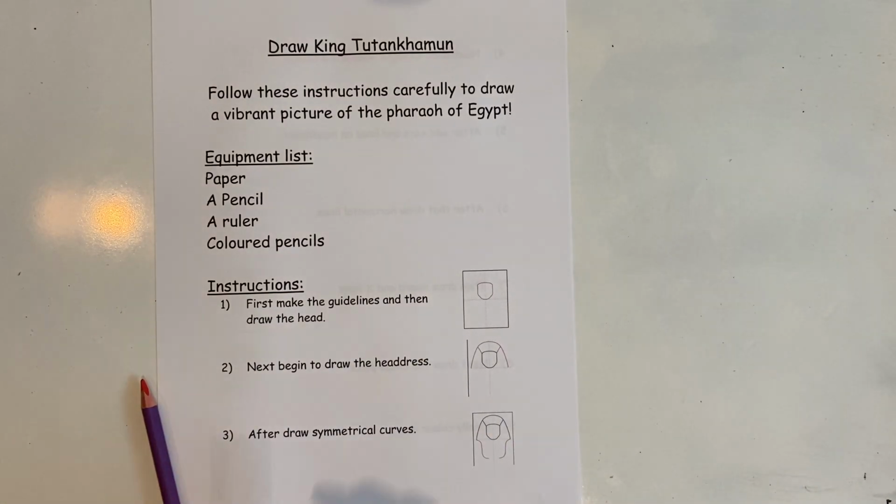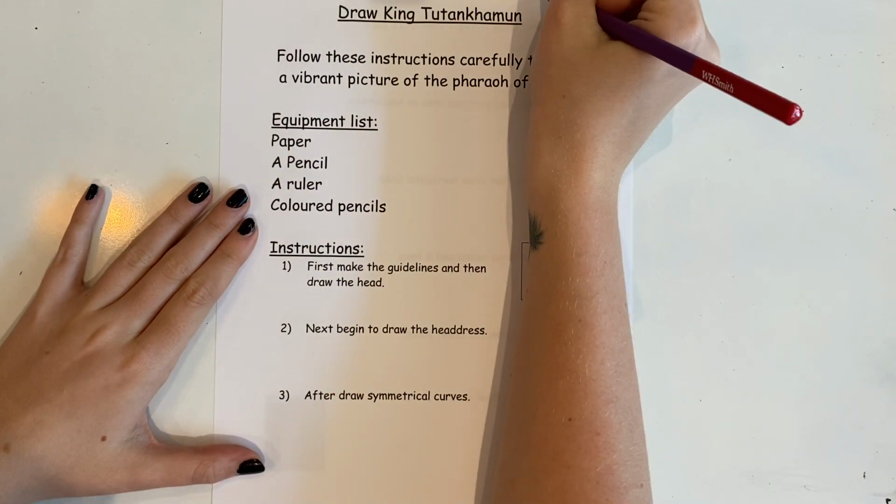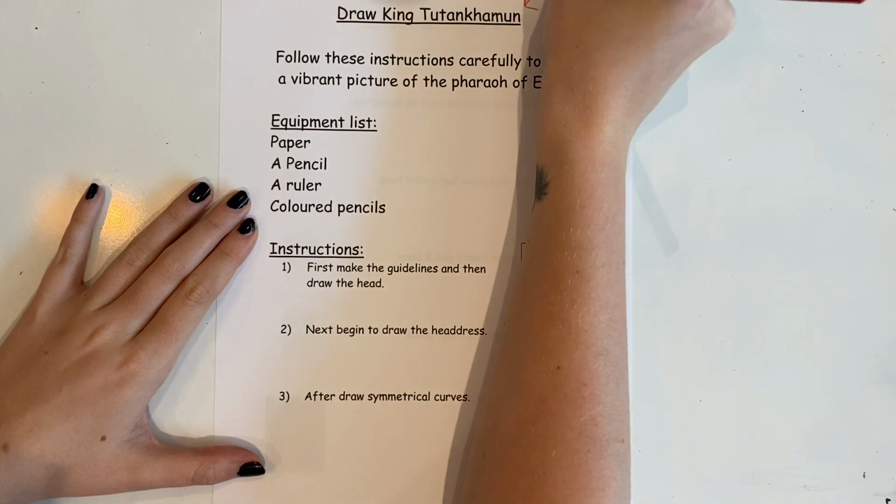Now, our activity today is going to be to follow these instructions I have here to draw King Tutankhamun. But before we follow the instructions, why don't we check to see if they have all the features of instructions together? So here we've got our title for our instructions.